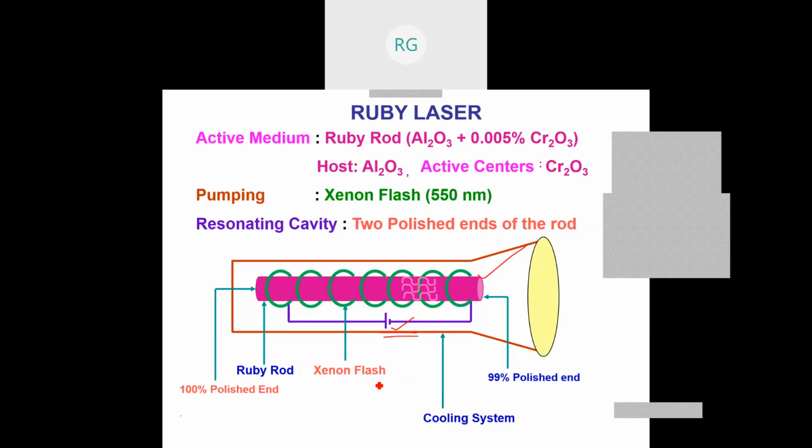And now see that photons come to one end, get reflected and come out from the partially polished end, where you will get a pulse. After some time, you will get another pulse, but still they are coherent. They maintain the coherence. Thereby, this is the construction of a ruby laser.